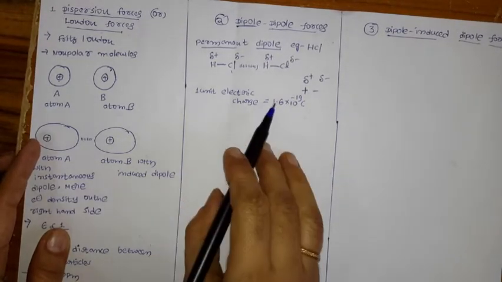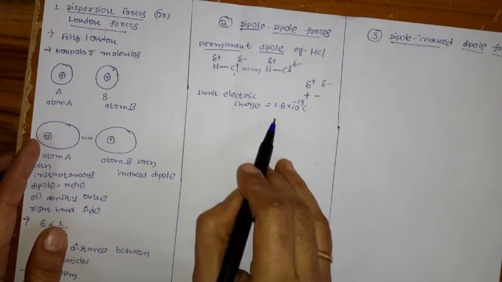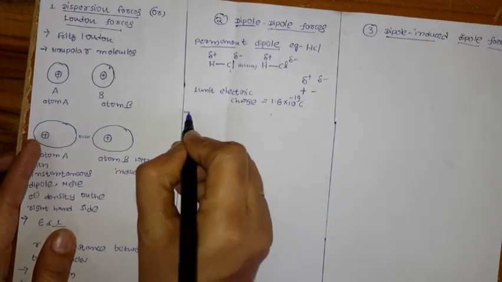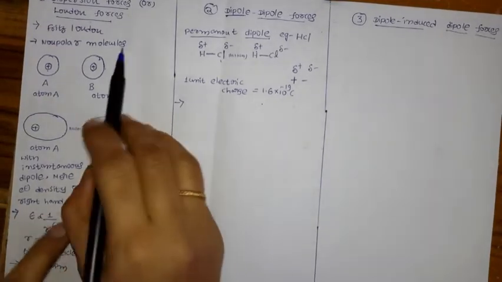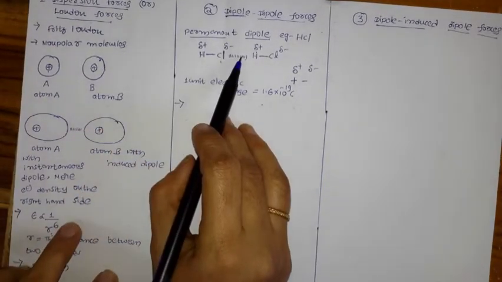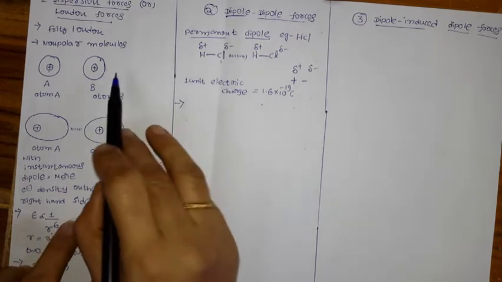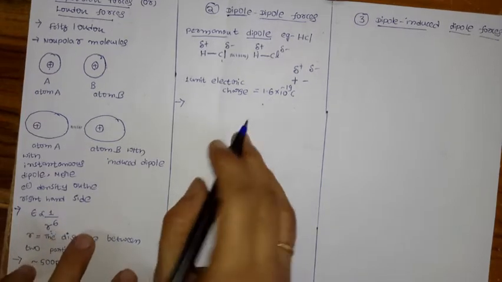So the value of the partial charge is always less than 1 unit electric charge. Okay, next. Now if you compare dispersion forces and dipole forces, the dipole forces are stronger than the dispersion forces or London forces.